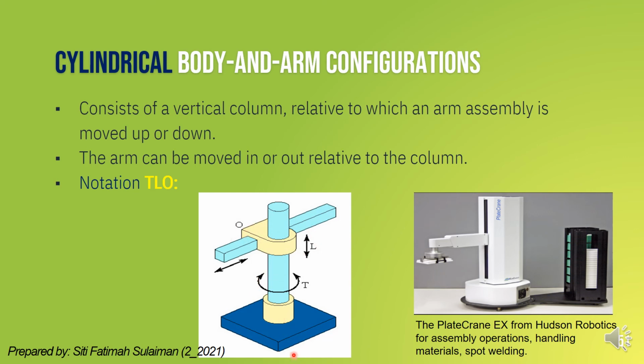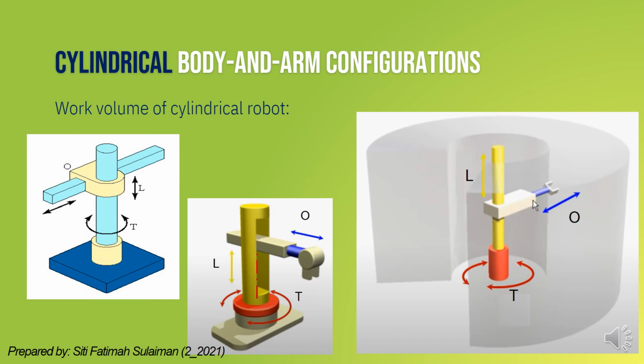Normally we read from base to end effector, so the joint notation is always read from base to end effector. This cylindrical robot consists of three joints: T, L, and O. Now, can you guess what shape of envelope will be produced by this robot?